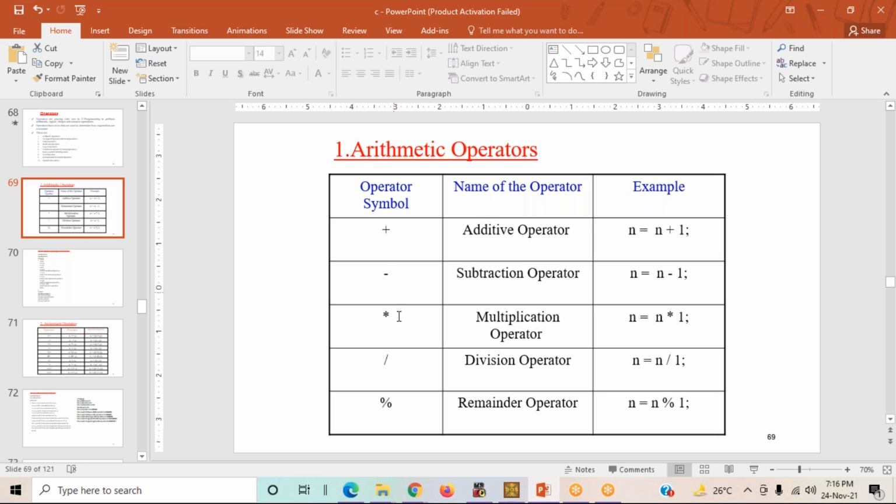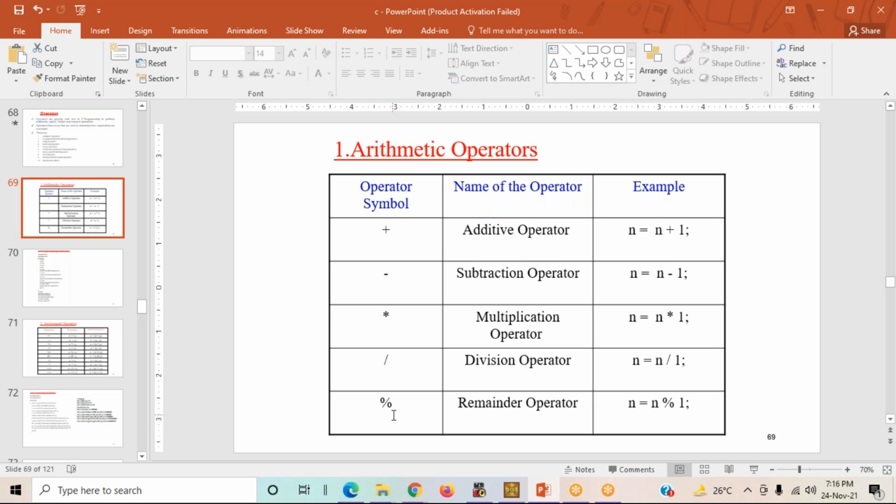These are the arithmetic operators, and the plus is named the additive operator, minus is the subtraction operator, into is the multiplication operator, divided by is the division operator, and percentile is called the remainder operator. You know the difference between the division operator and the remainder operator.